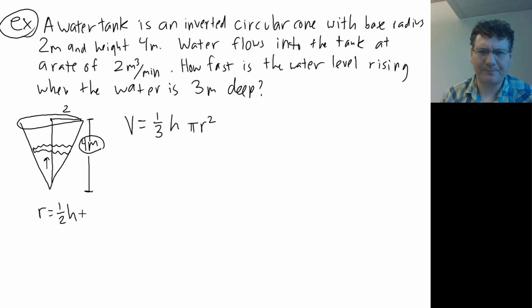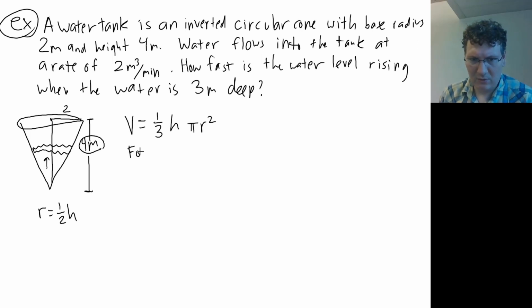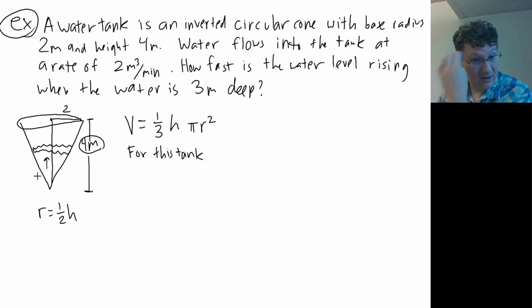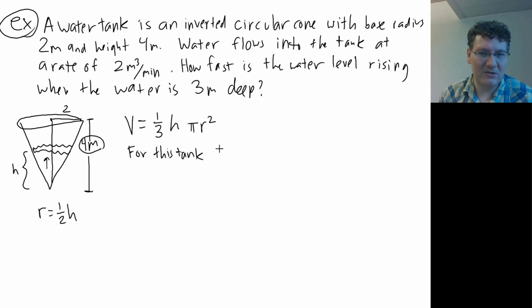So what I'm actually going to write here for this tank, for any amount of water which has a height of h, the volume is going to be 1/3 h times pi and h over 2 squared. The radius is 1/2 the height.